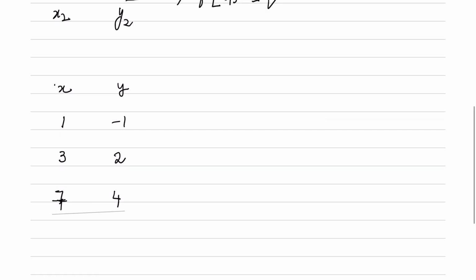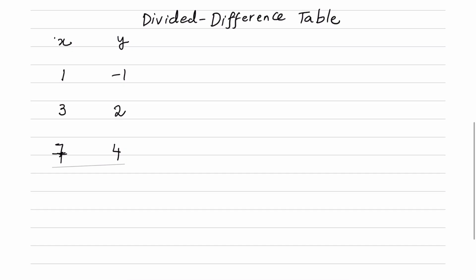Let's construct the divided difference table for this data. The first column after x, y will involve two x's for each divided difference. For example, first you put an arrow between these two. What you get here will have a name, the first two x's.